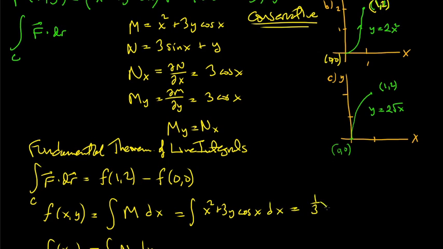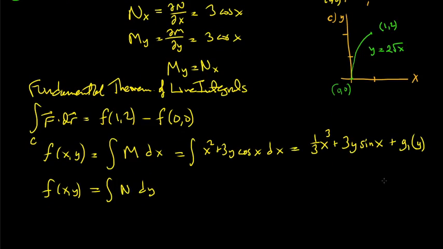We're going to get 1/3 x cubed plus 3y sine x plus possibly some function of y, because when we take the partial derivative with respect to x, whatever this is, it's going to be 0, right?